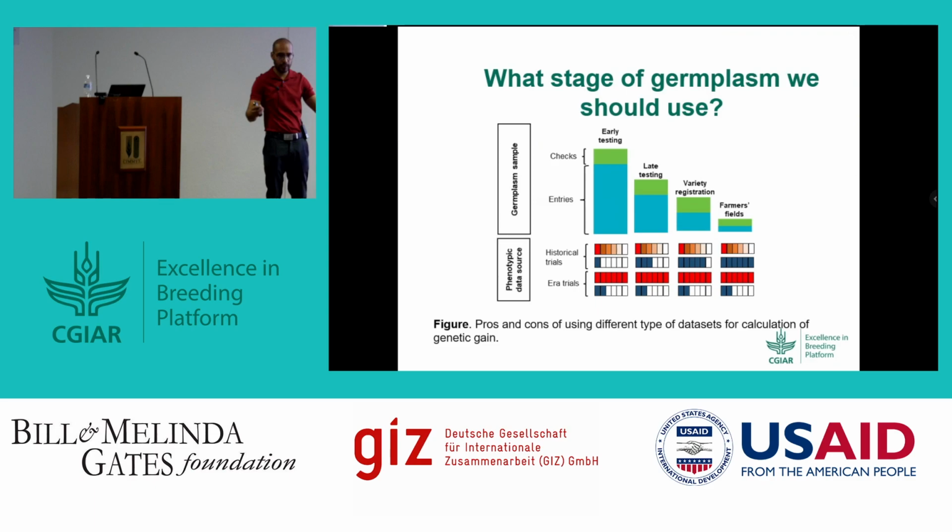Just by default, we knew that in the case of the early testing, the early trials, the entries that are planted there normally are present in very few locations. So they don't cover the TPE that much. That's what we're trying to represent here. And the connectivity is also kind of limited compared to later trials.